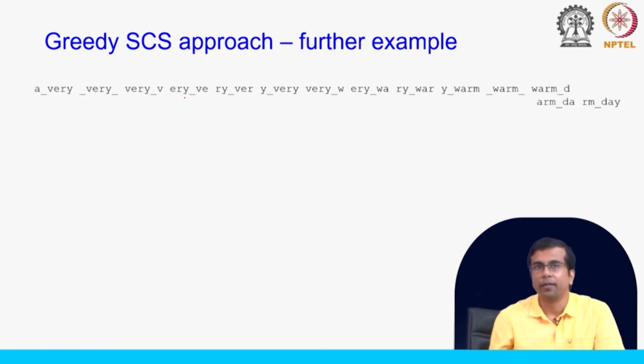Once we have these read sequences, what can we do now? These are the read sequences I have written one after another. I will illustrate 2 ways of doing this. One is just merging them from here, not looking at the overlap graph at all, and then subsequently we will look at the overlap graph. Remember the approach: the greedy approach will simply calculate the overlaps and then merge them.